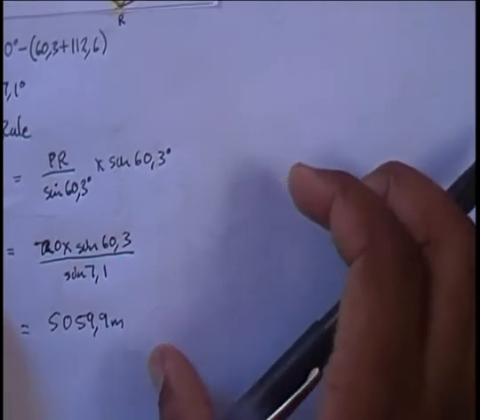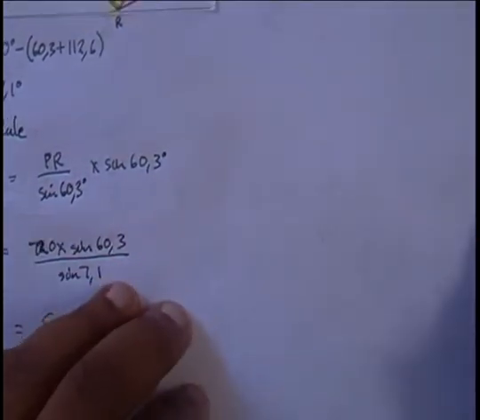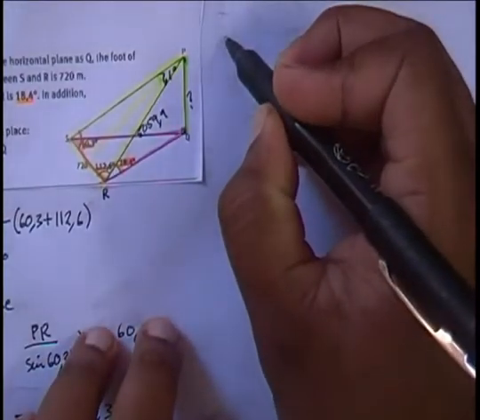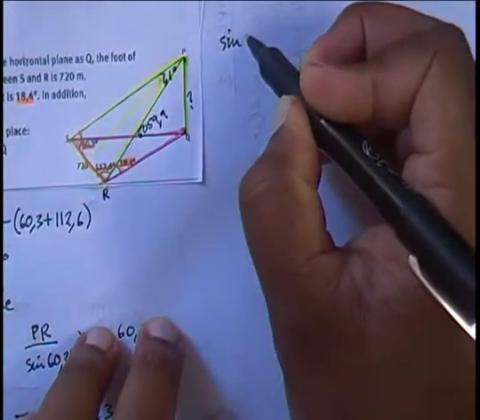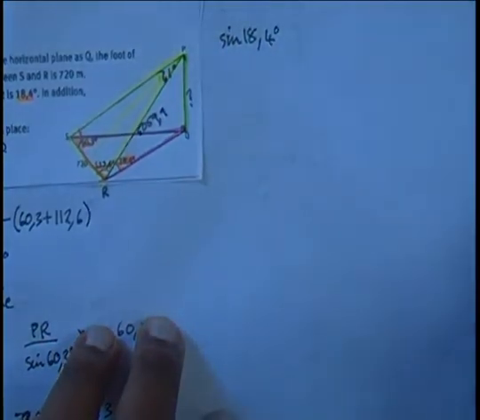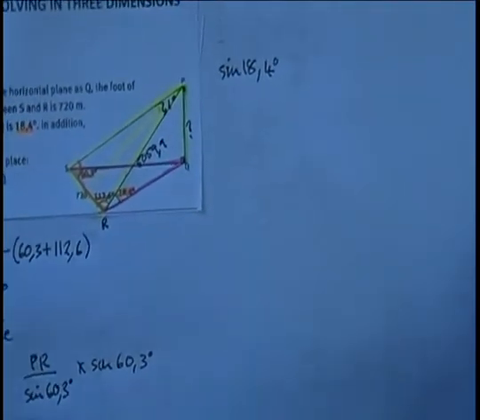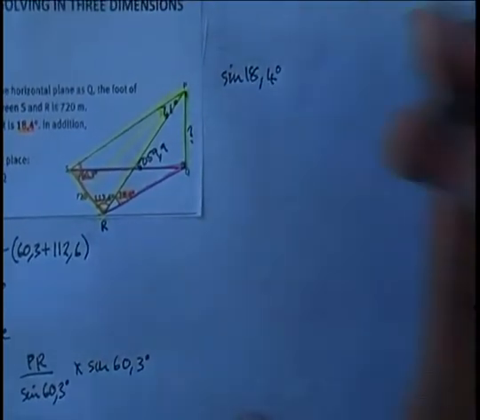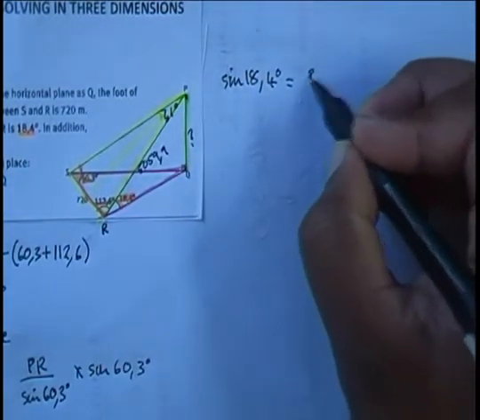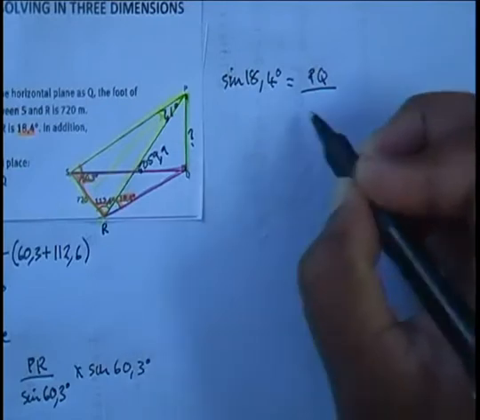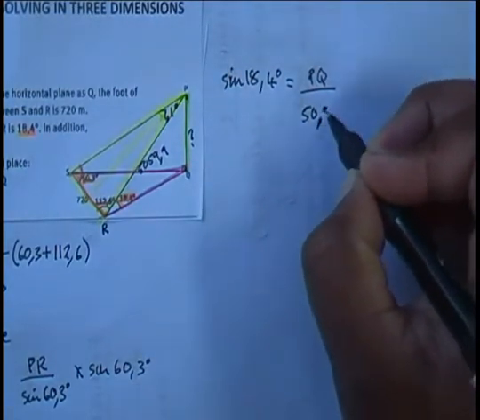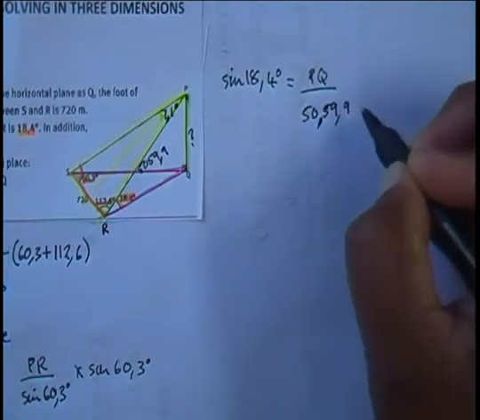So to find that, we are now just going to say the sine of 18.4 degrees is equal to the opposite, which is PQ, the one that we're trying to find, over the hypotenuse of 5059.9.